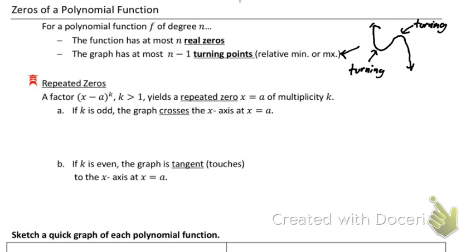So it would have 2 turning points. Note, it could have 3 zeros too. So when we look at the power of a function, say we have an x to the fourth, it has at most 4 real zeros, and it has at most 3 turning points. That can help you when you're coming up with rough sketches of these.